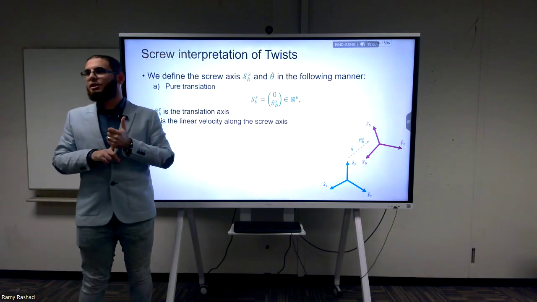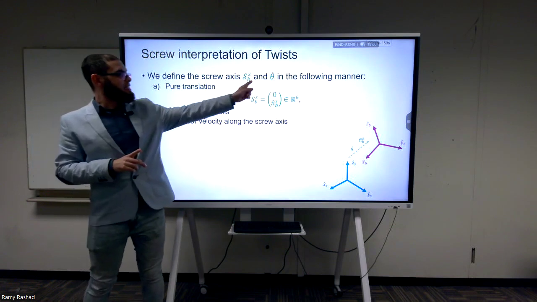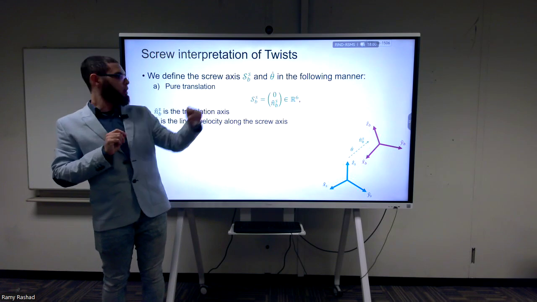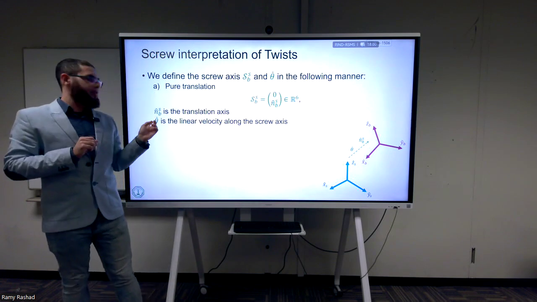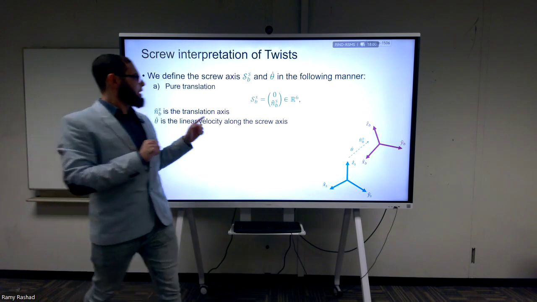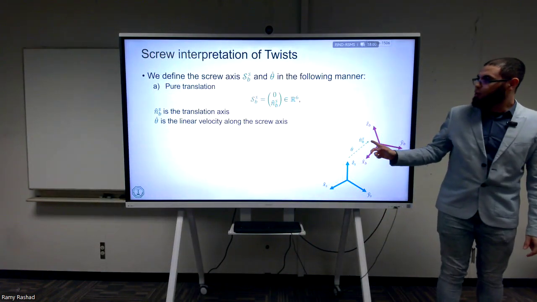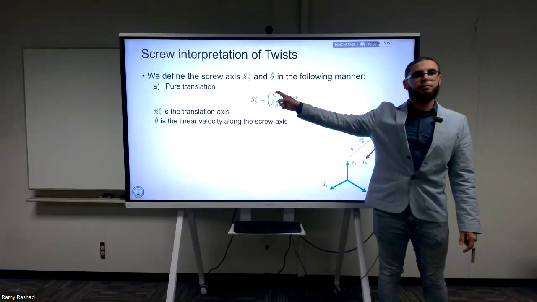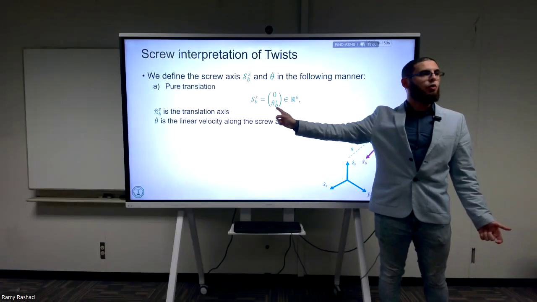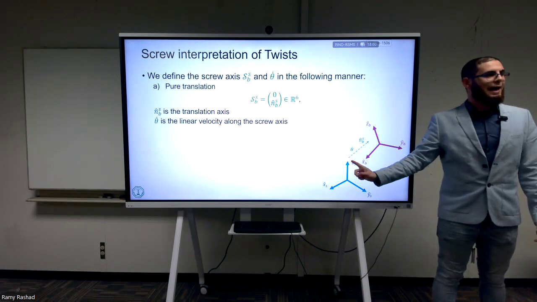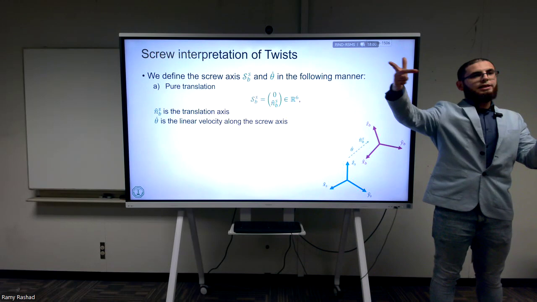For the pure translation, we have the following. The 6 numbers will have the following meaning. These are 6 numbers, and we have a theta dot. If you take a look, for example, in this example, it will have zeros at the top, and the bottom 3 will correspond to this axis. And this axis is simply the translation axis.